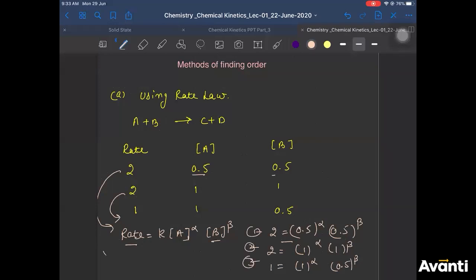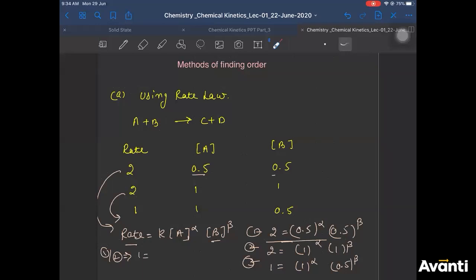Now you can divide the first equation by 2. What do you get in this case? We should rather divide first equation by third.